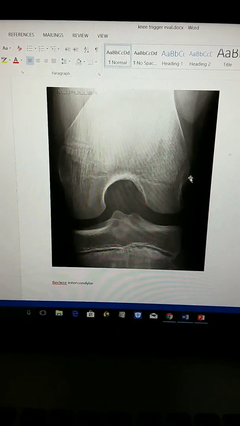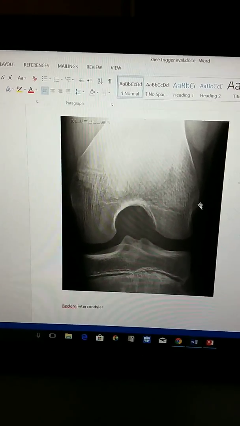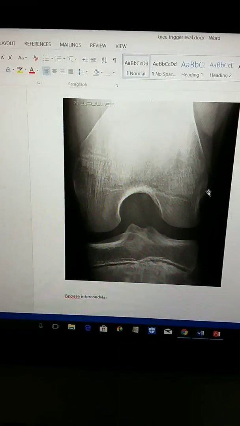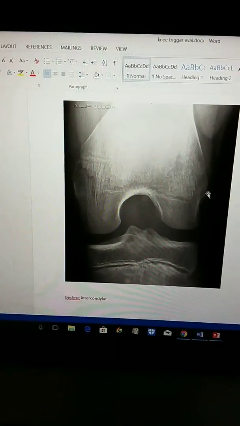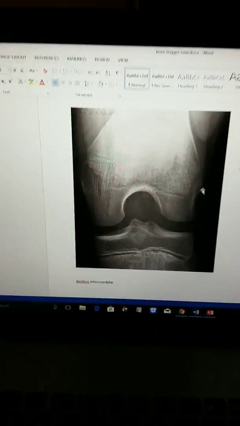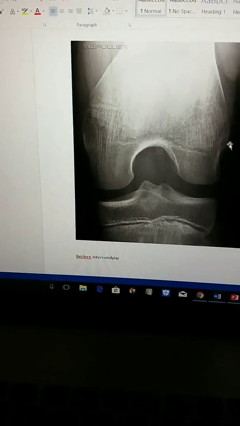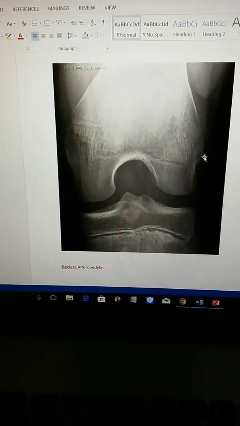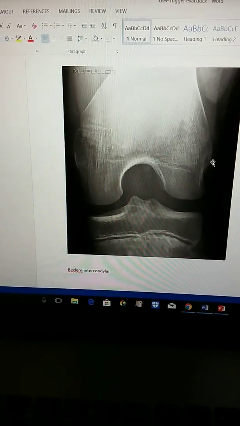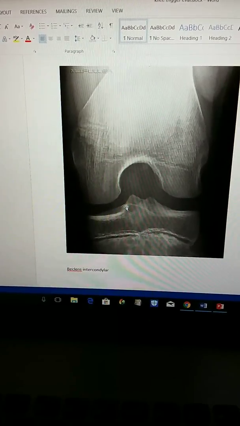Moving to our special projections, we have the Béclère or the intercondylar projection, AP axial projection showing the intercondylar fossa. So we have a nice open intercondylar fossa here.